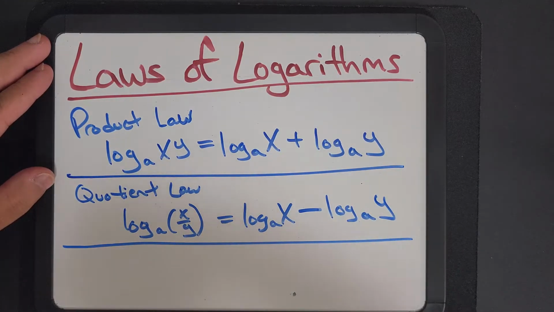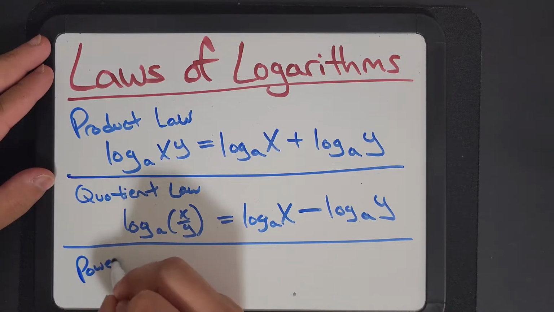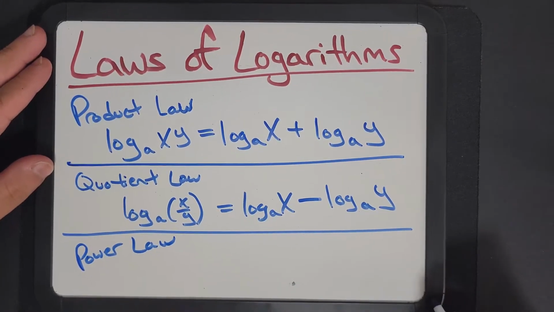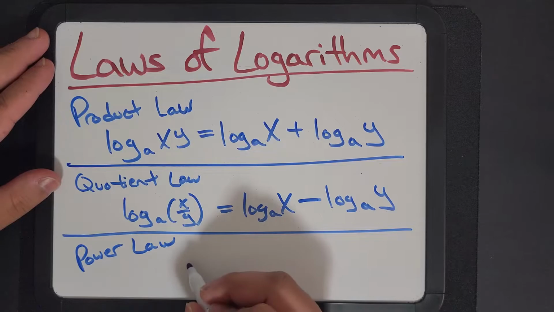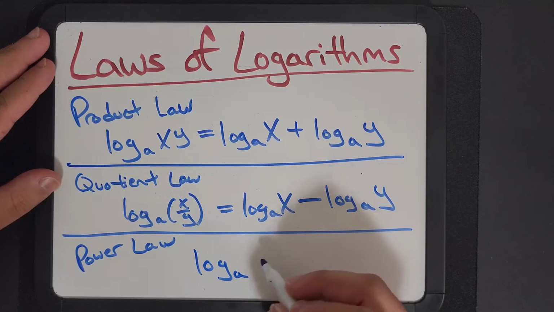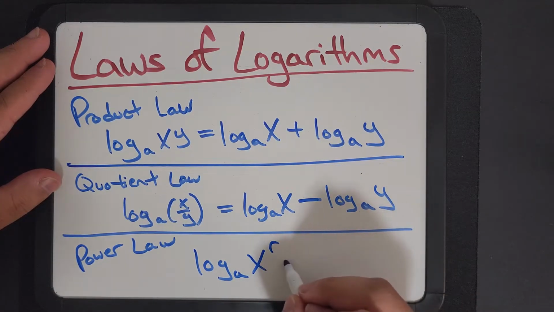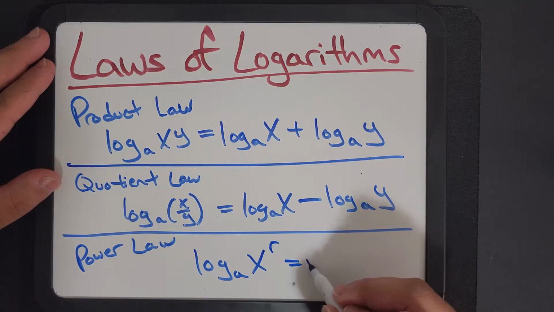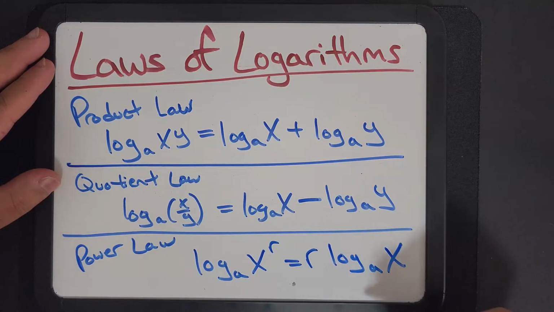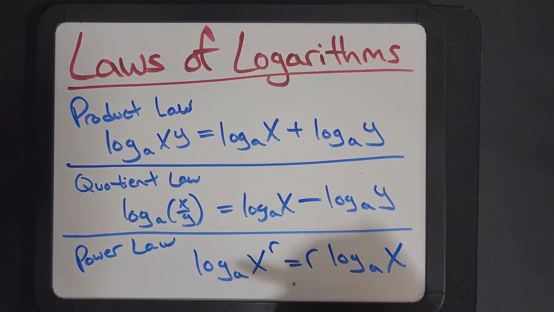And the final one is going to be our power law, which basically states if you have a log base a of x to the power of r, that is the same as saying r times log base a of x, which basically means you brought down the r.